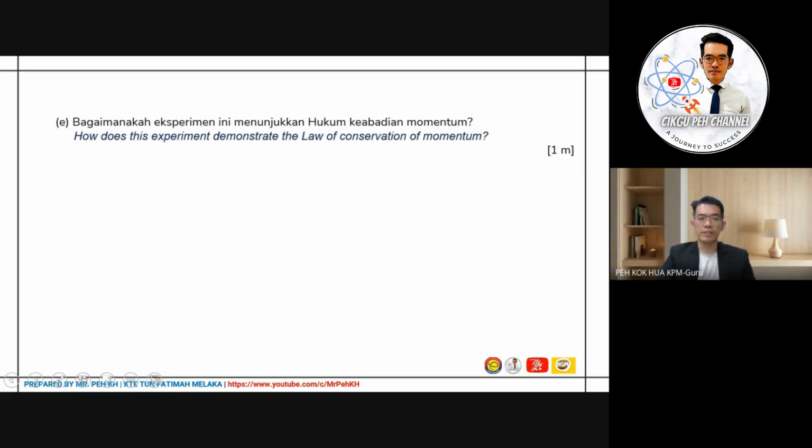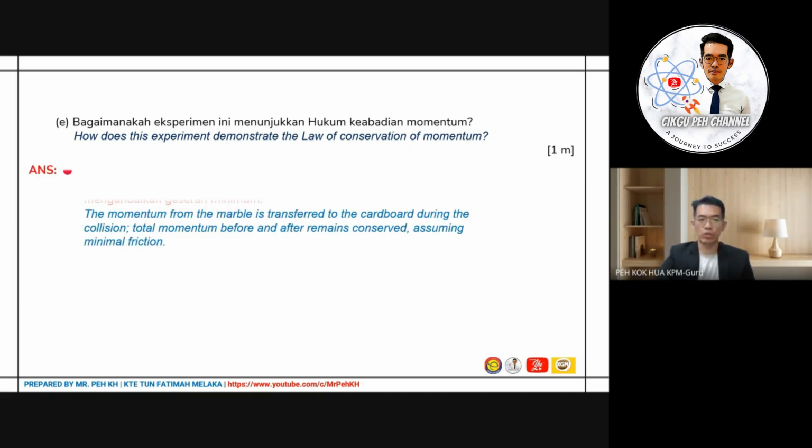Okay, so the last question for this 15 marks experiment design question will be this. How does this experiment demonstrate the law of conservation of momentum? The law of conservation of momentum tells us that the momentum before and after collision will be the same. So how can you relate to this experiment? The answer suggestion will be this.